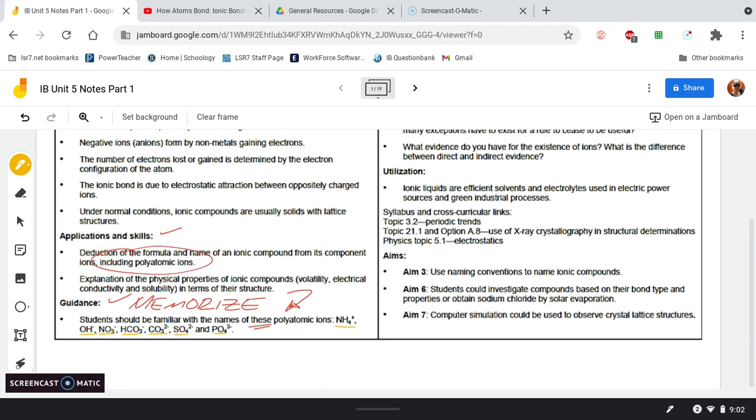These are phosphate, sulfate, carbonate, ammonium, hydroxide, etc. These are ones that we use all the time, so they shouldn't be particularly difficult for you to know because you use them a lot. But we need to spend some time learning them. I want to point out at this place in the course that although I give you polyatomic ions on your periodic table, you do not get those on the IB exam, so you're going to need to know them.